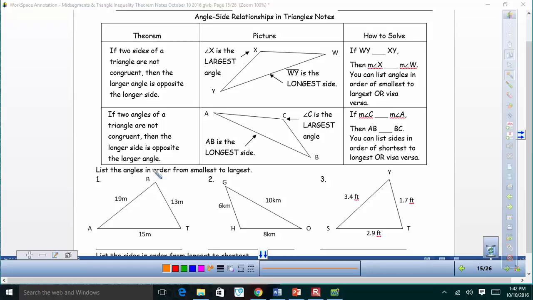So our longest side is always going to be across from our longest angle, and our smallest side is always going to be across from our smallest angle. So instead of filling in all of these notes up here, I'm just going to show you an example of that.